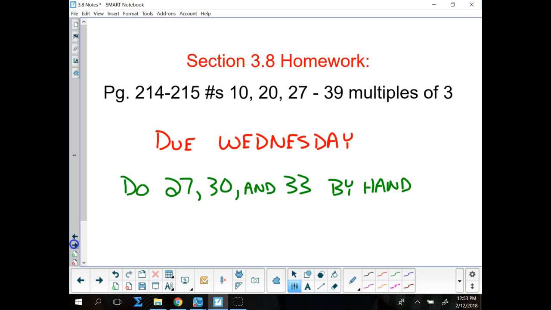Okay? I want you to do 27, 30, and 33 by hand. You can do the other ones by calculator if you want. Remember that it's faster to do a 2 by 2 inverse by hand than it is by the calculator. Okay?